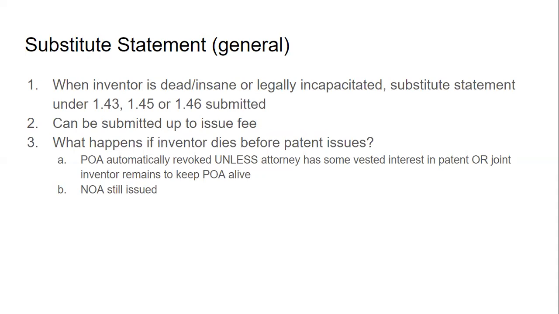And then if that does happen before it issues, or maybe they had just gotten an ex parte Quayle, it will still proceed to issuance. Like a notice of allowance will still be mailed, and it'll still issue as long as the issue fee is paid. So it doesn't necessarily stop everything if someone dies.